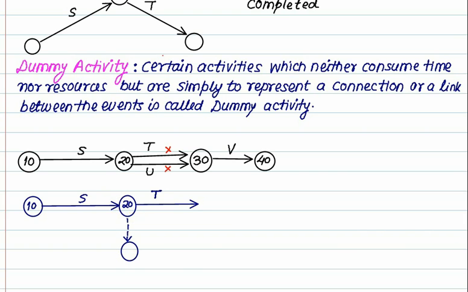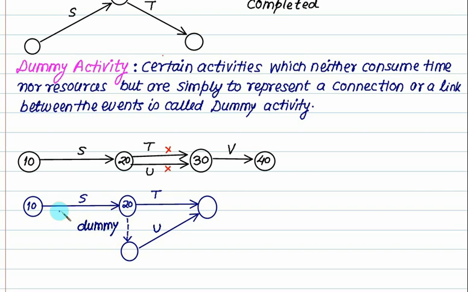And now you can have another activity which is going concurrent. Now this means that you can start T and U, but the double arrow like this is avoided by using this extra dummy activity. And this activity does not take any time.